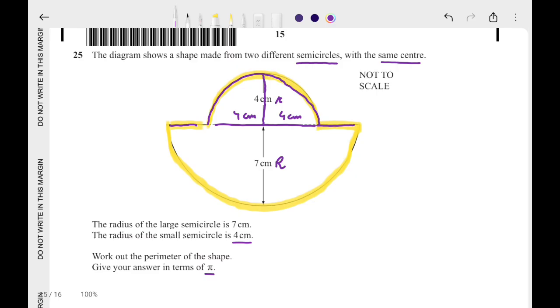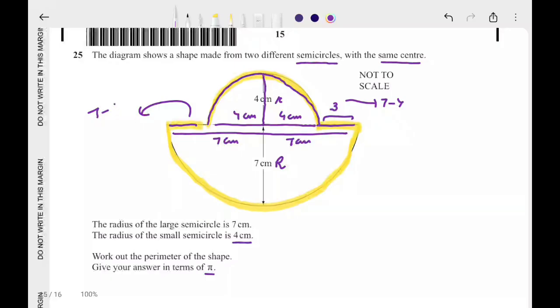So now look at the bigger semicircle. Radius is 7 and this is the diameter, so that is actually 14. So it would be 7 centimeters and 7 centimeters also. So this line segment would be 7 minus 4, this is 3, and same here, this is 7 minus 4 is equal to 3.